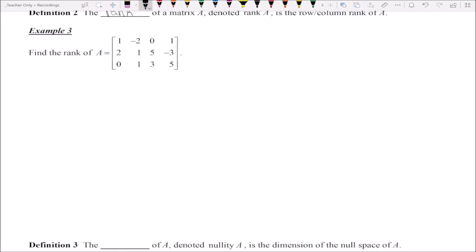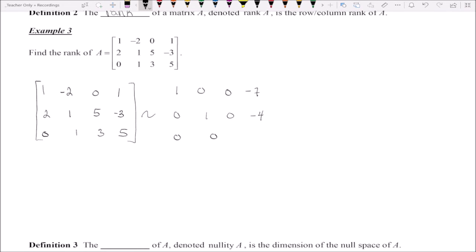So take the matrix. Row reduce it. If we row reduce this matrix, this is what we get. Now remember, the row rank is the number of elements in a basis for the row space.